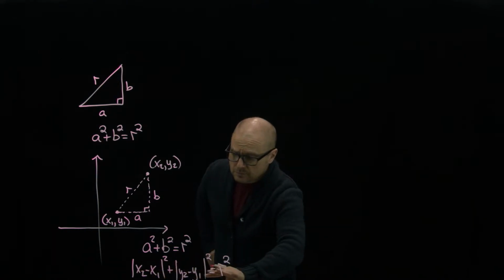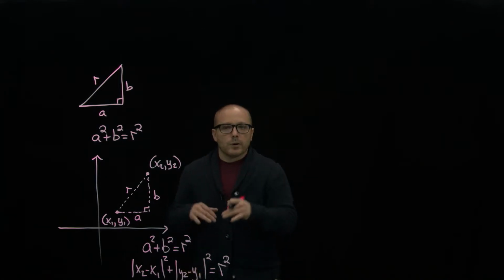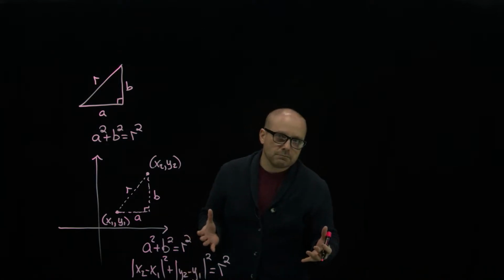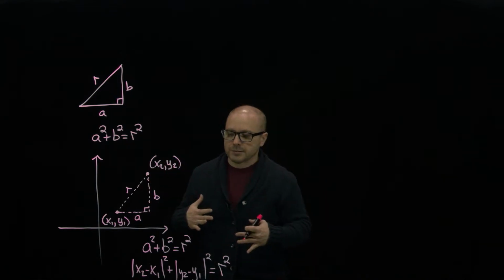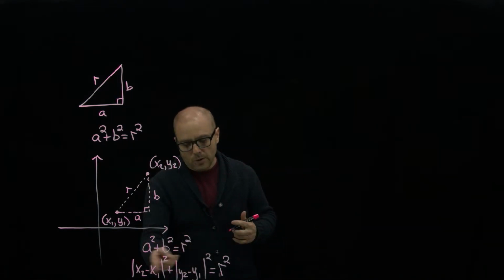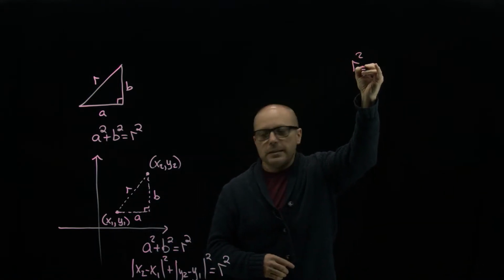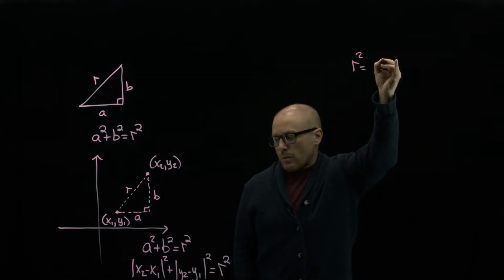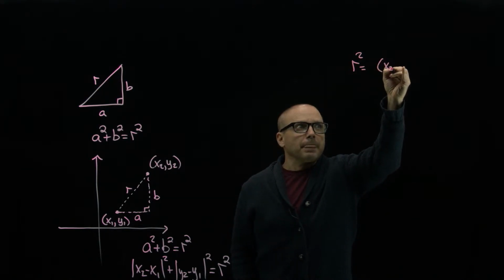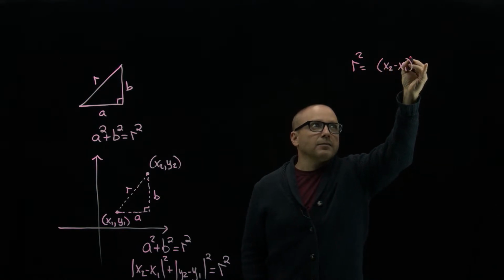So another way, remember, to write absolute value is just the square root of the square. Because when you square something, you make it positive. And when you take the square root, you undo the squaring, but you stay positive, or non-negative. So I'm going to rewrite that as r squared equals, so instead of using the absolute value, I'm going to take x2 minus x1. That could be negative.